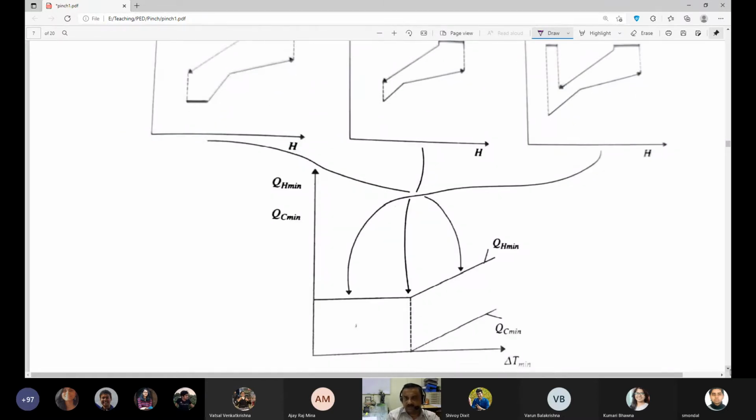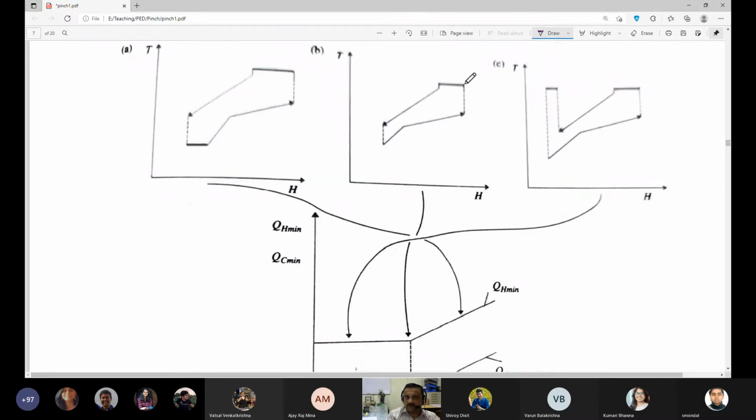So here also, if you reduce delta T mean further, you will have the QH still required on both sides. You are reducing on this side, but you are developing another one here. This is getting reduced to this, but you are developing another one here.